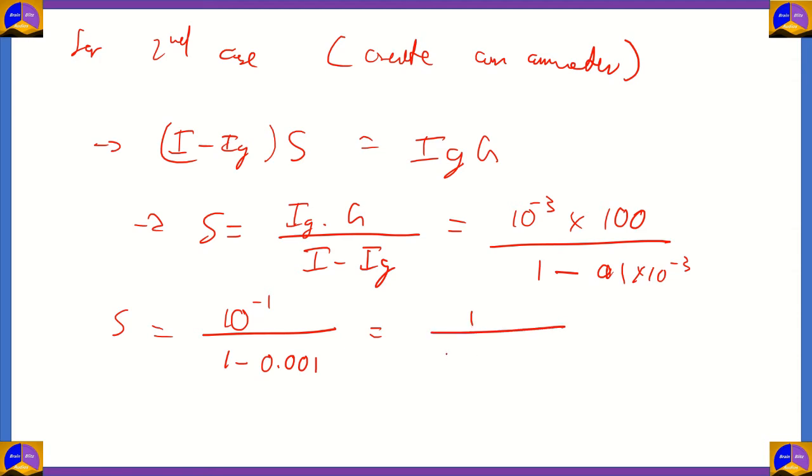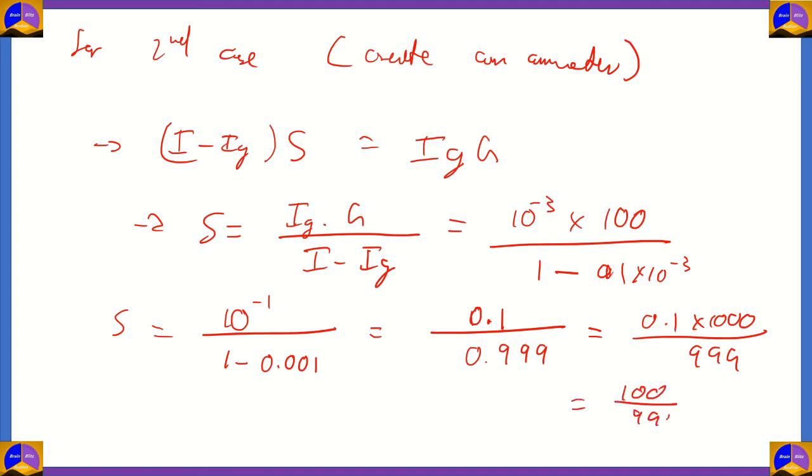So 10 raised to minus 1 can be written down as 0.1, divided by 0.999, and you can write this down as 0.1 into 1000 divided by 999. So basically 0.999 is 999 divided by 1000, but since that's in the denominator, it was shifted up to the numerator. So now you get 100 divided by 999 as the value of the shunt resistance.